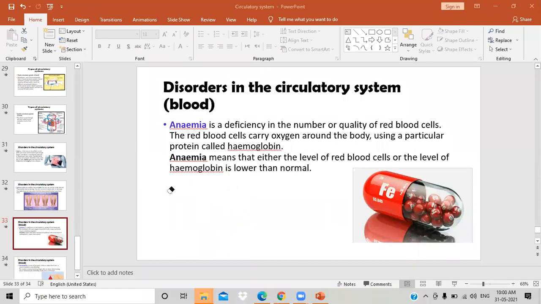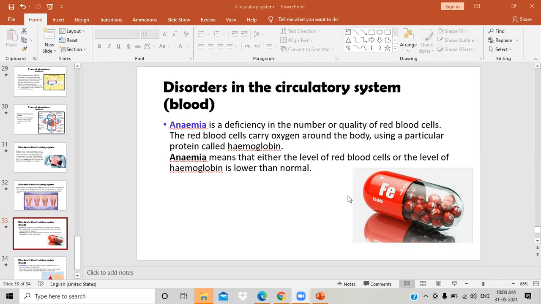Anemia comes in different forms or because of different reasons, but what I want you to know is that anemia is the decrease in the number or quality of red blood cells. This is it. Any details are for your own information, and you will need those details next year.